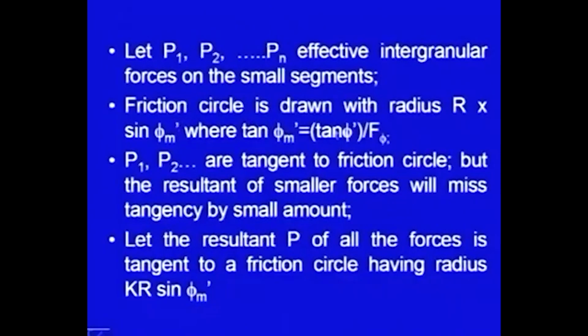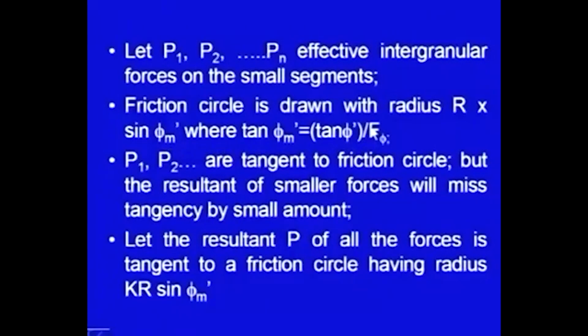The friction circle is drawn with radius r into sine of phi m'. Here phi m' is the mobilized angle. Let us say the slope is safe and the mobilized friction angle is phi m'.